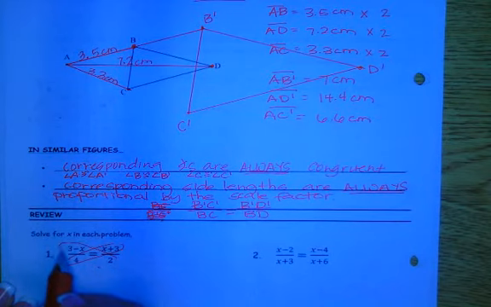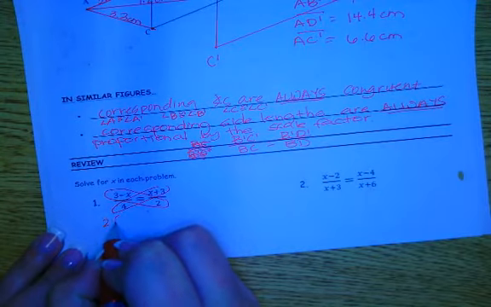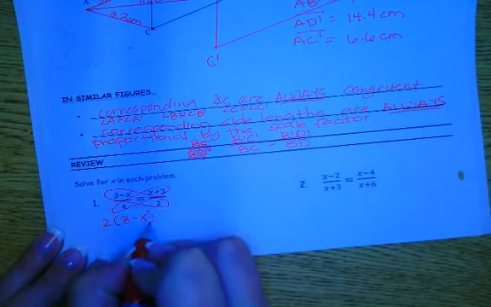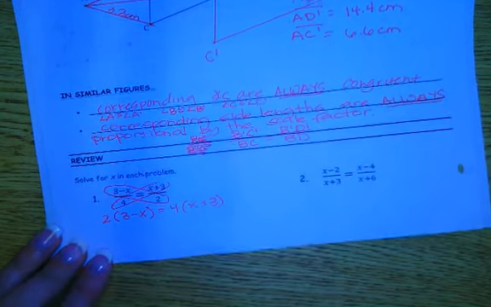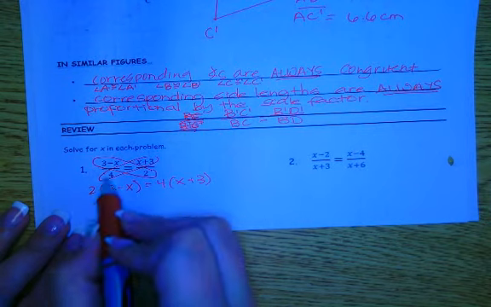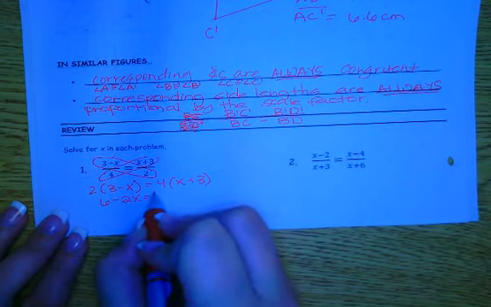So here we have 2 times 3 minus x equals 4 times x plus 3. Distribute across first, so 6 minus 2x equals 4x plus 12. Solve for x.